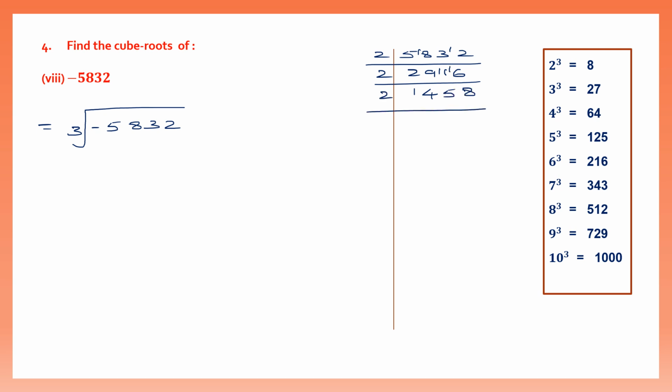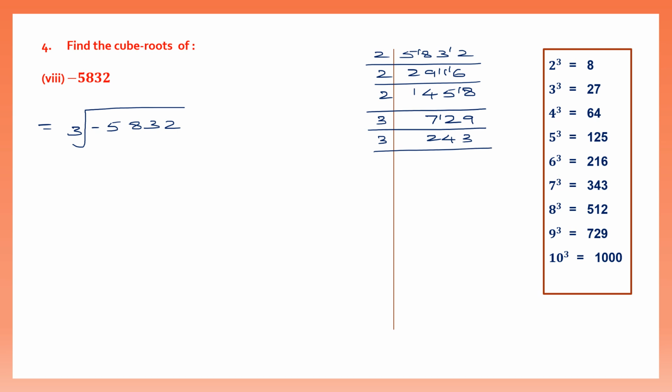Then you continue with 2. 2 sevens are 14. 2 twos are 4. Carry 1, 18. 2 nines are 18. Now here we have 729, which we already have here, isn't it? That means it's divisible by 9. So let's divide it by 9, which we could have done straight away, but now we're looking only at the prime factor. So we can't take 9 because 9 is not a prime number. So here let's use 3. 3 twos are 6, carry 1. 3 fours are 12. 3 threes are 9.